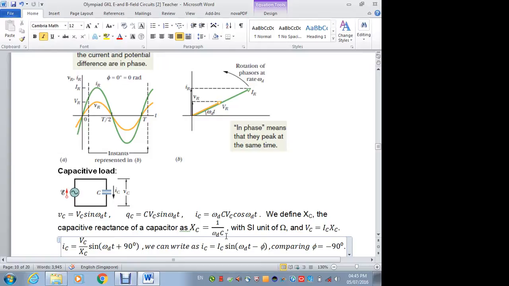Why do you want to do this? Because I think this will make the units the same, as you will see later. The units will probably be in ohms. You can guess, right? You see, VC over XC gives you current. Since the sine is unitless, that forces this to have the units of resistance, so it's something like a resistance.